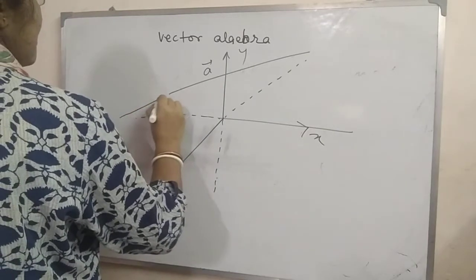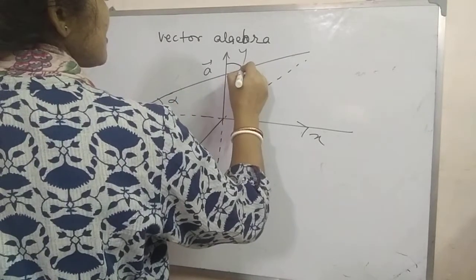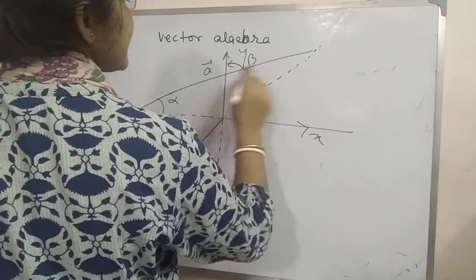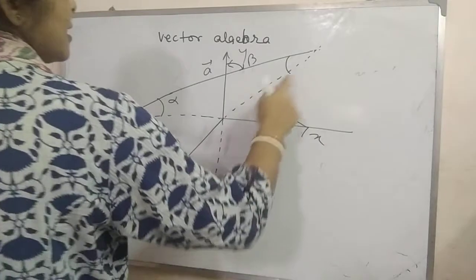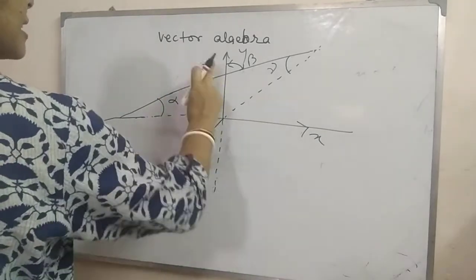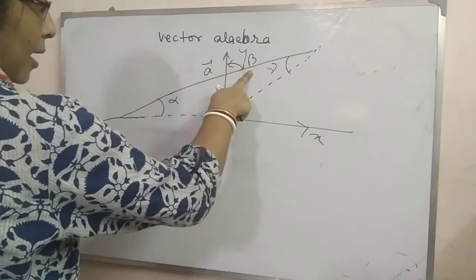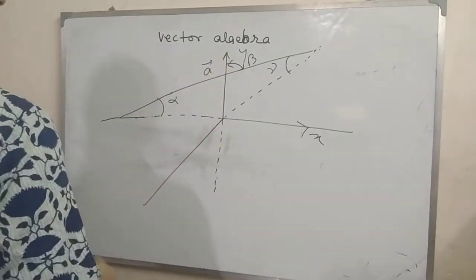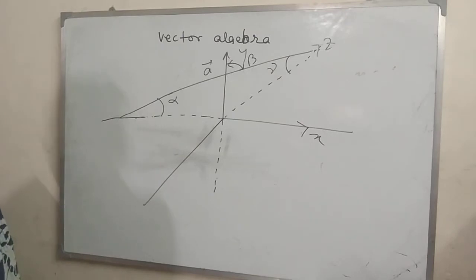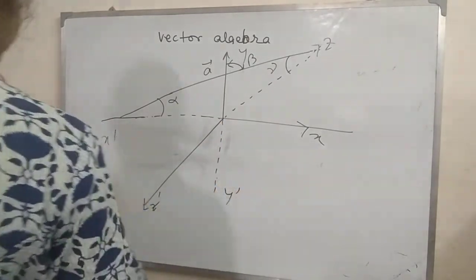Vector A makes an angle alpha with the positive direction of the x-axis, angle beta with the y-axis, and angle gamma with the z-axis. Is it clear? This vector makes angle alpha with the positive direction of the x-axis, beta with the positive direction of the y-axis, and gamma with the positive direction of the z-axis.